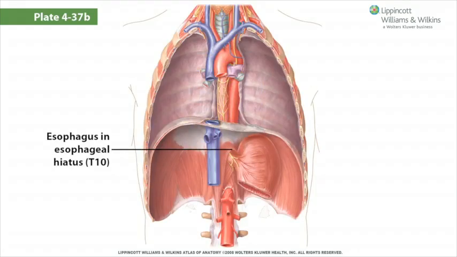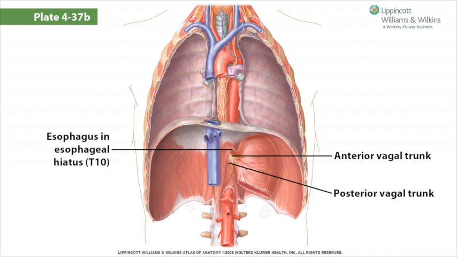The esophagus finally enters the abdomen through the esophageal hiatus of the diaphragm, with the associated anterior and posterior vagal trunks, at the level of the 10th thoracic vertebra. The abdominal portion of the esophagus is rather short, terminating at the level of the 11th thoracic vertebra posteriorly, and the xiphoid process anteriorly, where it is continuous with the cardiac portion of the stomach.